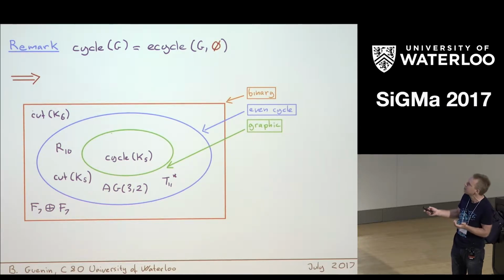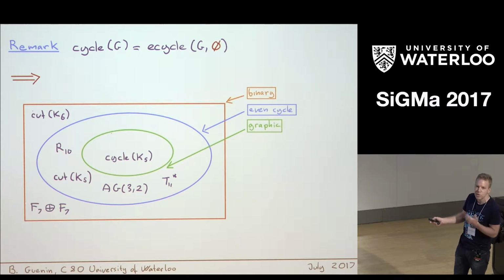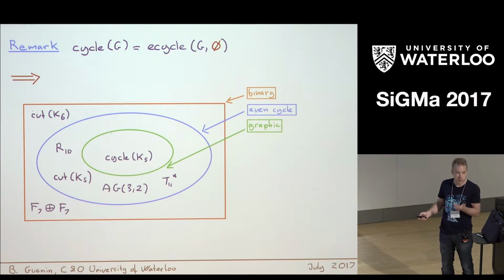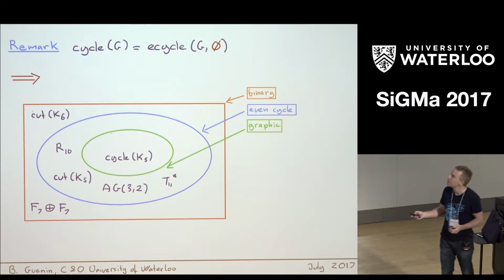So you get this little Venn diagram with even cycle matroids, graphic matroids, and binary matroids. And I've placed some examples here, and if you notice, I have the direct sum of F7 and F7*, which in particular tells you that even cycle matroids are not closed under direct sums.